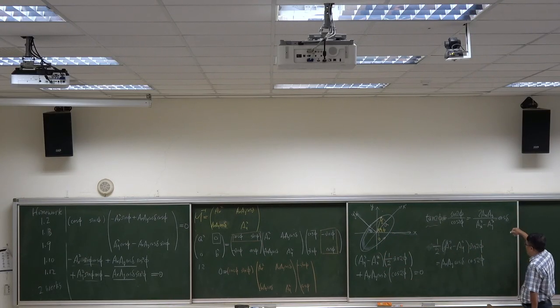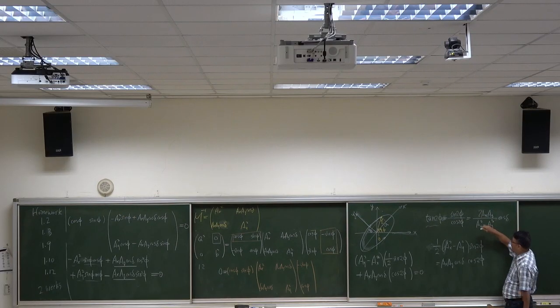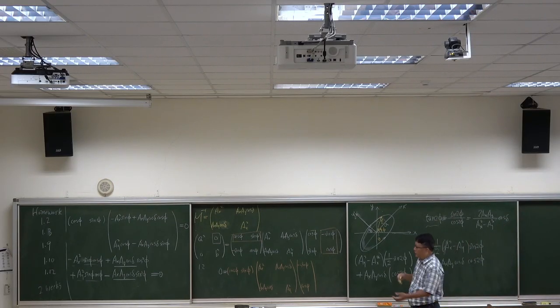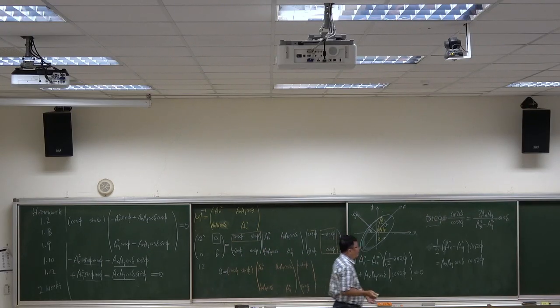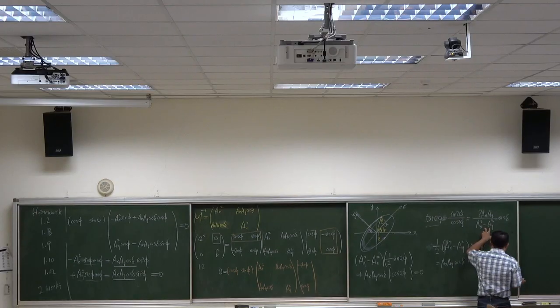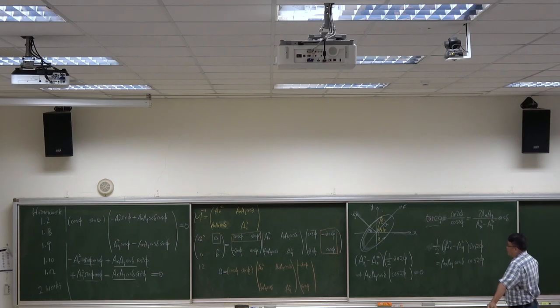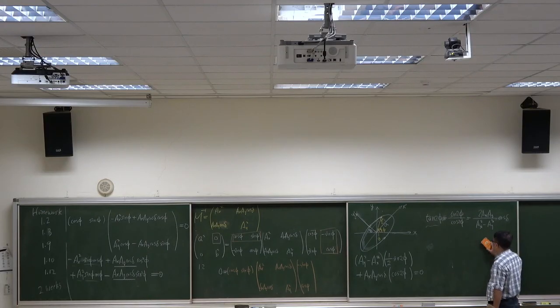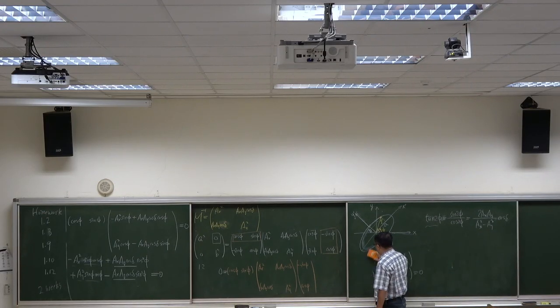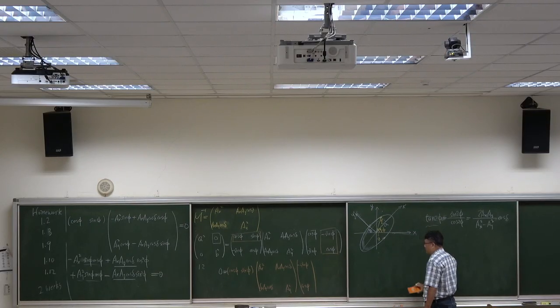Tangent 2 phi can be determined by ax, ay, and cosine delta. Delta is the phase angle between the two components, and ax, ay are the two amplitudes along the x and y direction in the original expression. Okay. So this is the first conclusion. We find this orientation phi.